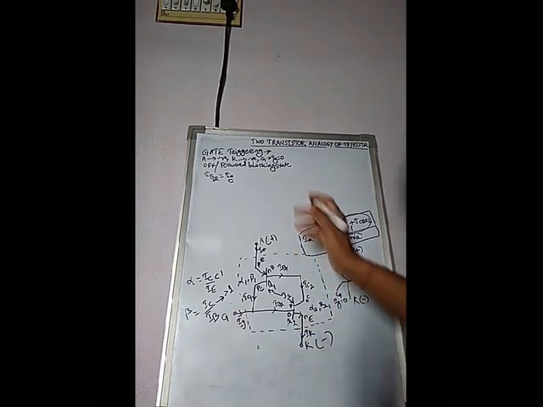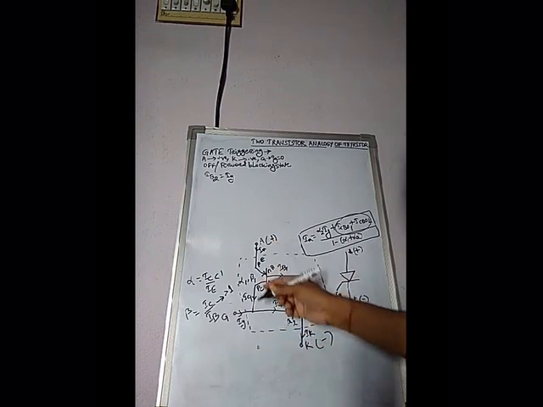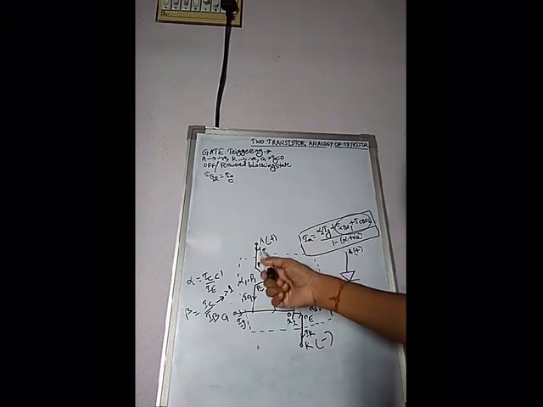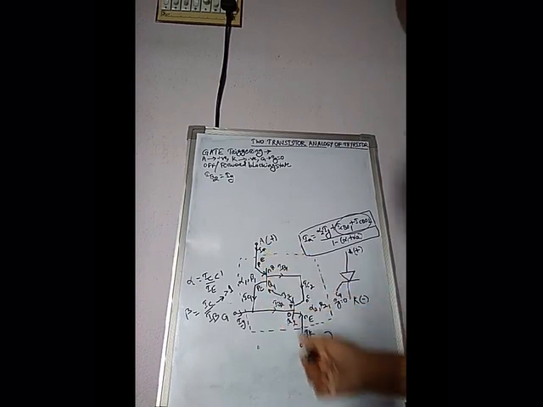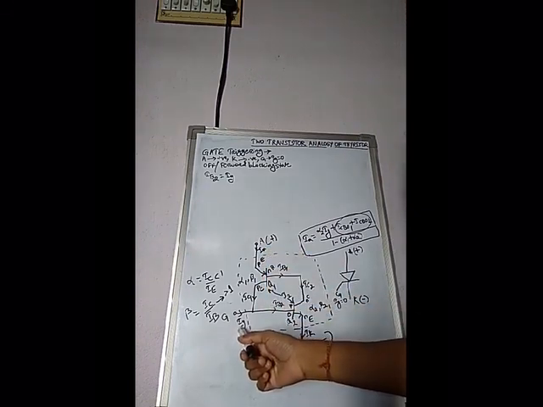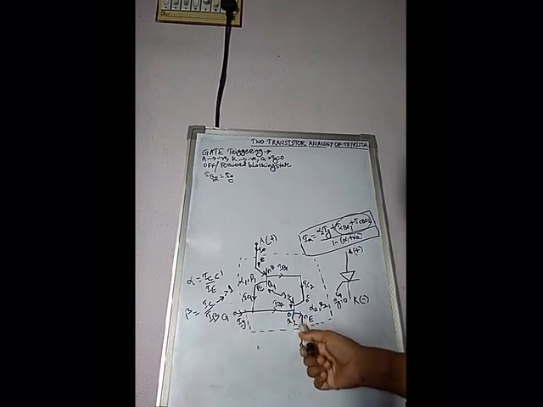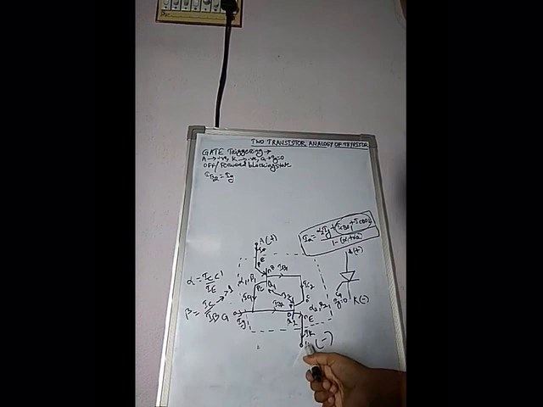Initially the device is in the off state, which means there is no flow of anode current IA from the anode to the cathode. Once I apply the gate drive current, it acts as the base current for transistor Q2, and this base drive current also flows towards the cathode K. That's why K acts as the emitter for Q2.